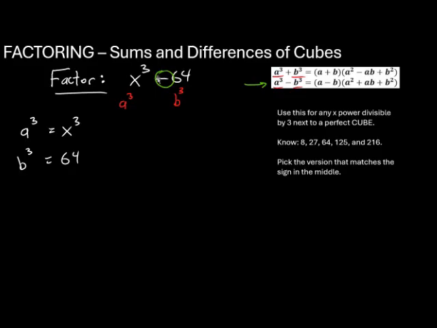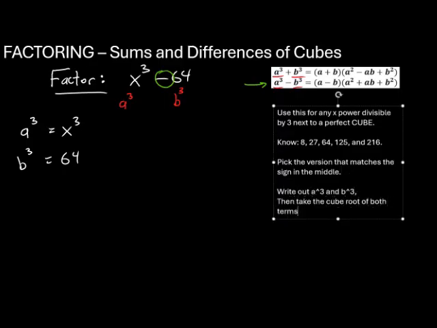After we've written this, we will take the cube root of both terms. You can also take either one of them to the 1/3 power. That's the same thing as taking the cube root. You may see it written either way.